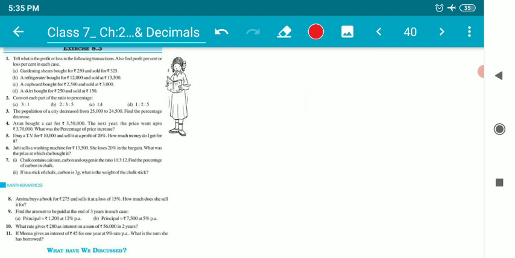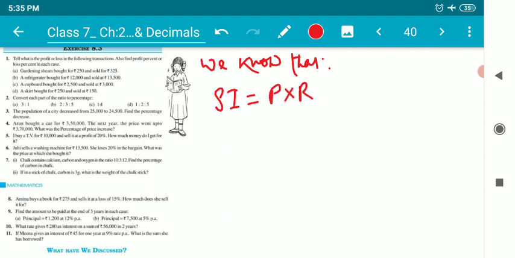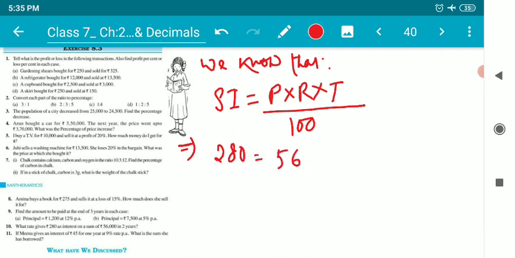We know that simple interest is equal to principal into rate of interest into time by 100. This is the formula that we all know very well. Simple interest is rupees 280. Principal is 56,000. Rate of interest is unknown to us, so let it be R only, no problem in that.